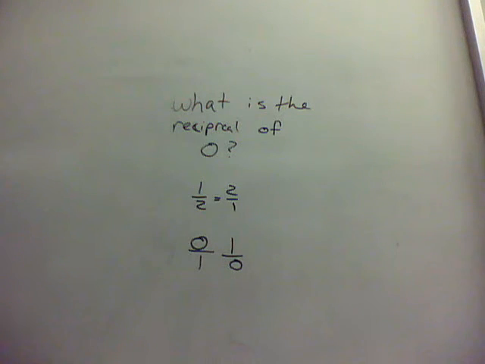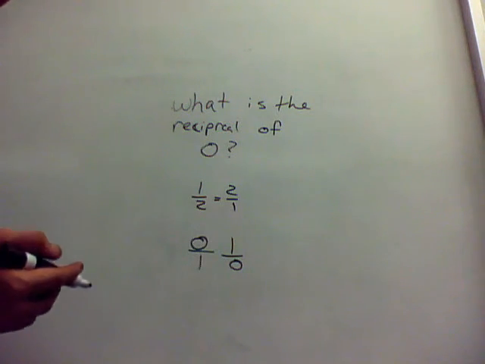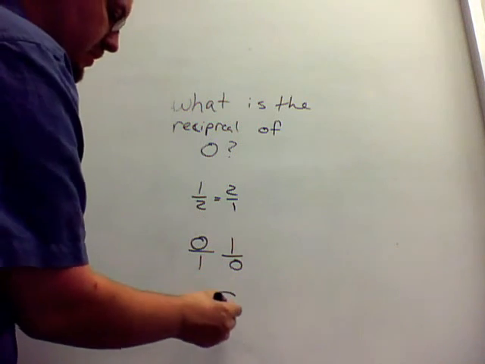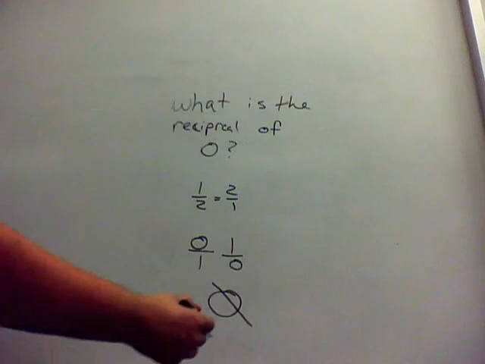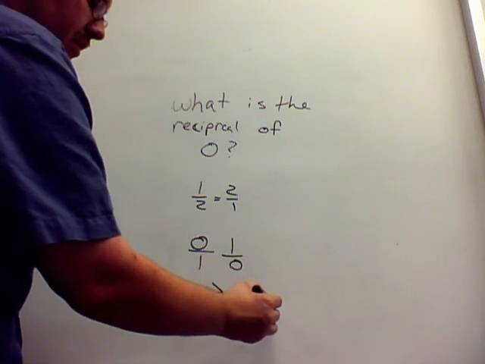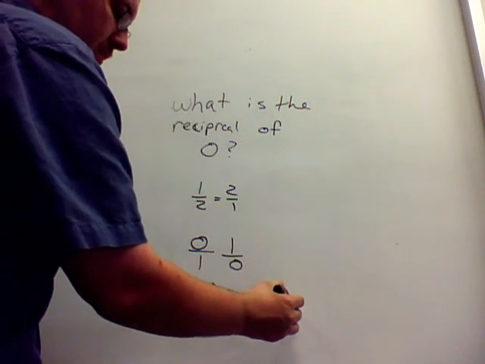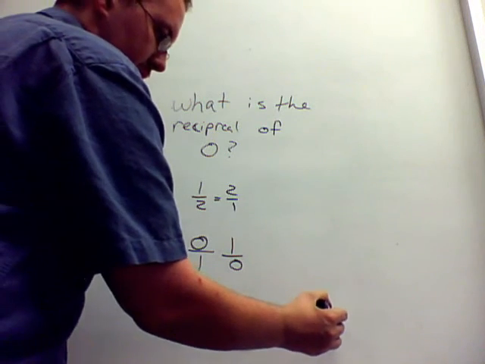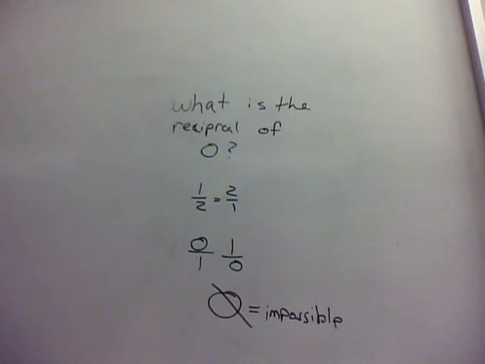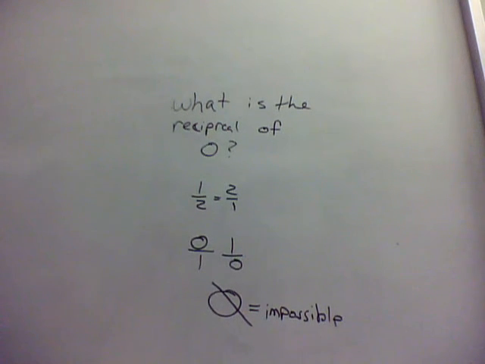Well, as you know, you can't have 1/0. So the answer to this one is the empty set. There's no such thing, or impossible, or anything of the sort. It's an impossible problem. There's no reciprocal to 0.